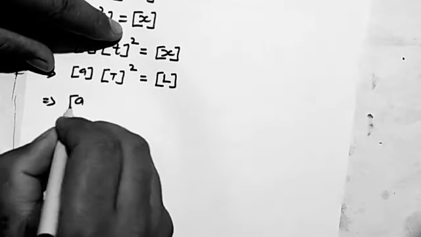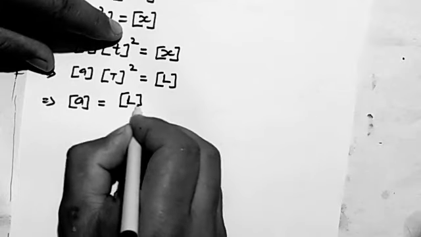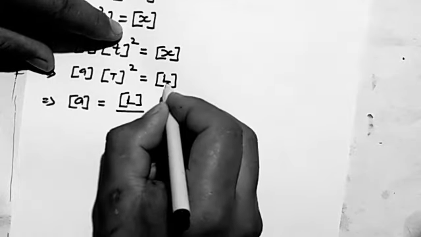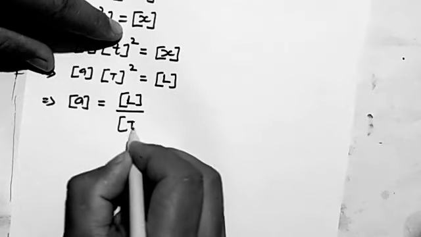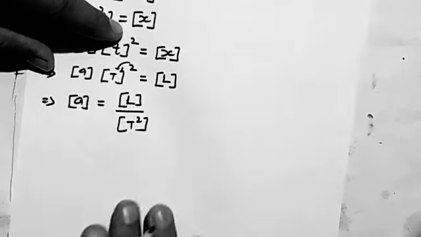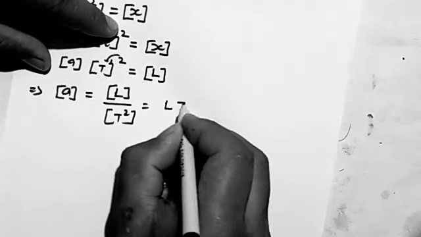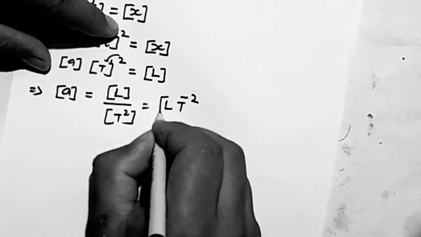Shift this from left to the right. You get dimensions of A as L upon t square. You can take this square inside the bracket, or solving this you will get L t minus 2. So this is the dimension of A, right?